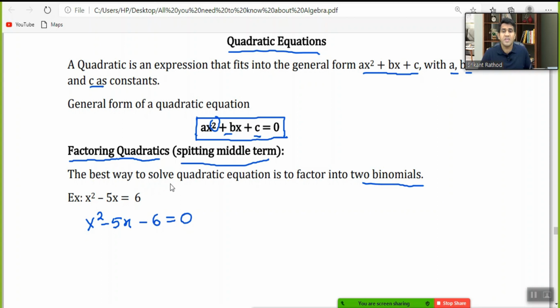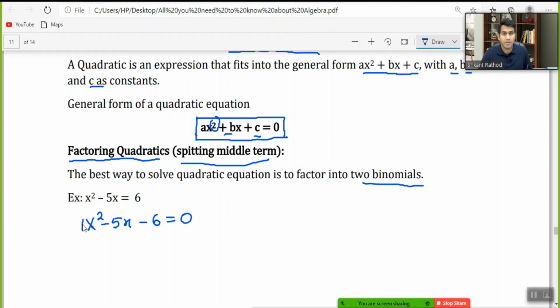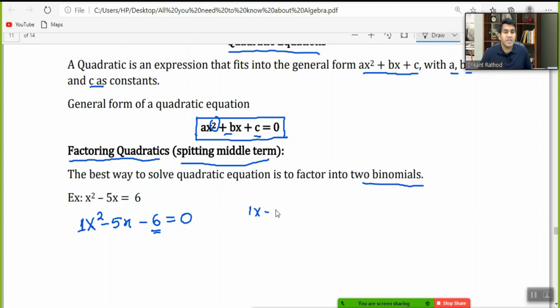The next step is you have to take the coefficient of x square, which here is 1. If you are not writing anything, it means there is 1. The constant term here is negative 6, I'm talking about c. So 1 times negative 6, the coefficient of x square multiplied with the constant term, gives negative 6.